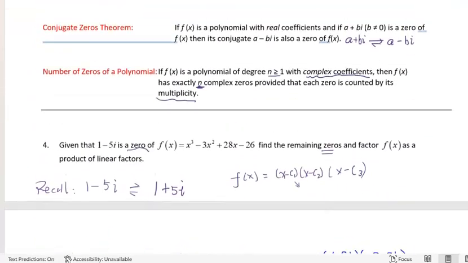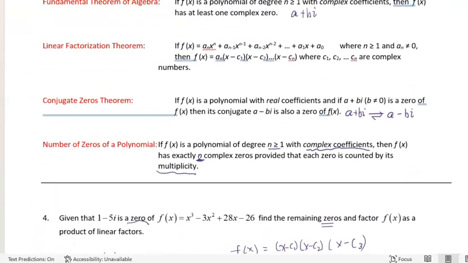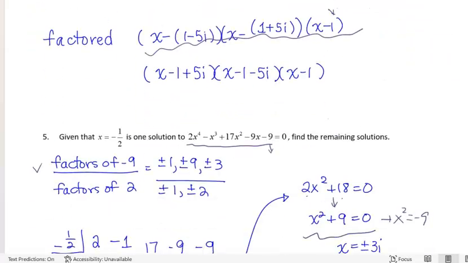The linear factorization theorem tells us the polynomial can always be written as the leading coefficient multiplied by all these linear factors of the zeros.